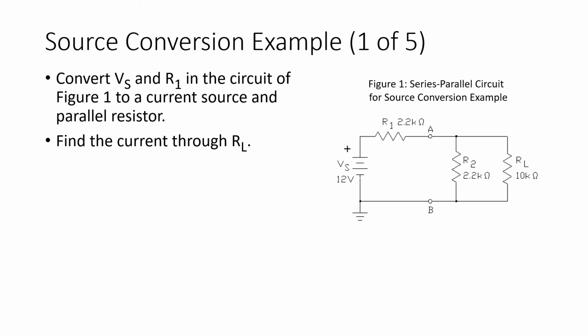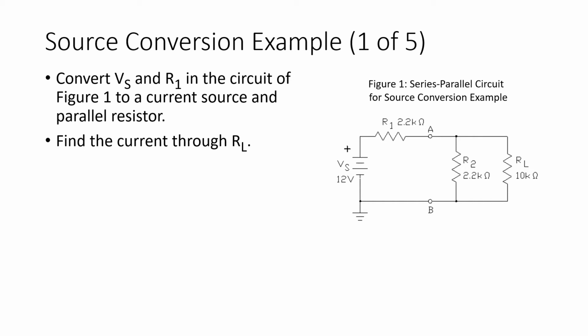We're going to convert Vs and Rs in the circuit of Figure 1 to a current source and a parallel resistor. Then we'll use this constant current source to calculate the current through resistor RL.